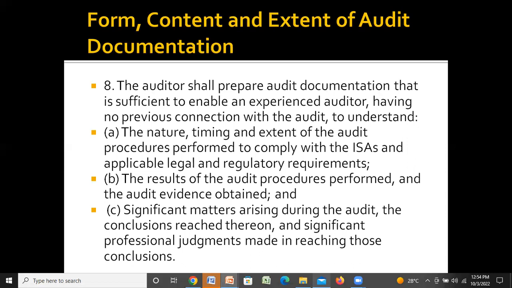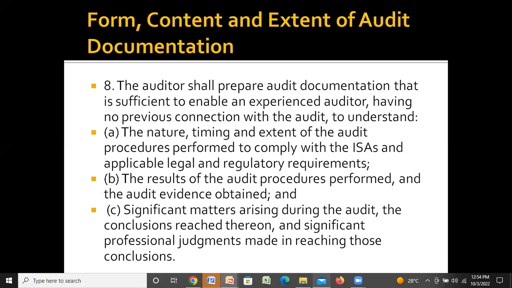They should be able to understand the nature, timing, and extent of the audit procedures performed to comply with the ISAs and applicable legal and regulatory requirements. They should be able to understand, without you being there, the results of the audit procedures performed and the audit evidence obtained. So you can't be writing in shorthand. And if you write in shorthand, you must have a section for key abbreviations where you explain everything.